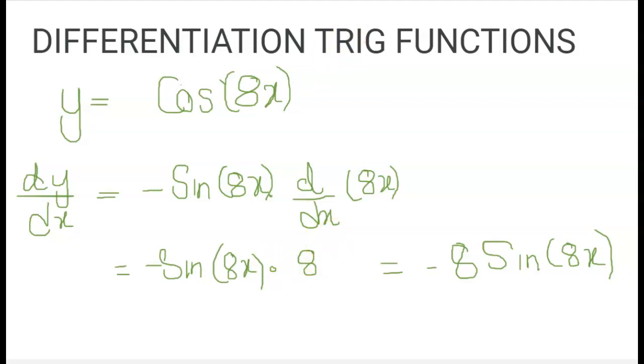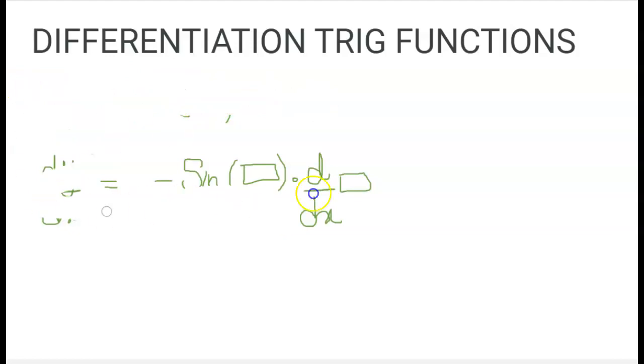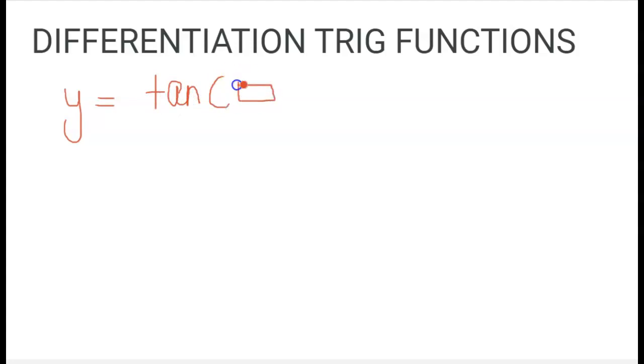Now the last one that's left is the tan. So let's say I got y equals tan of a box.